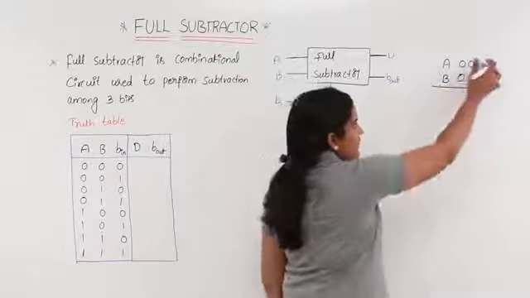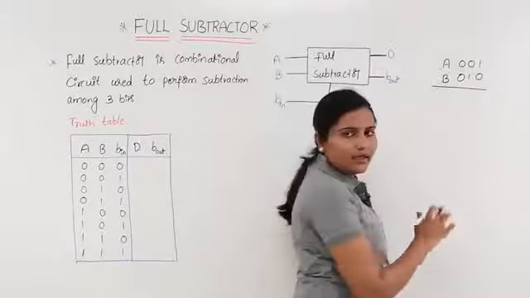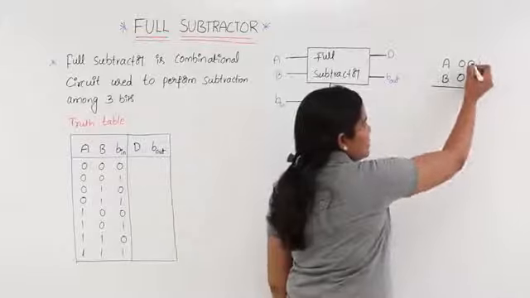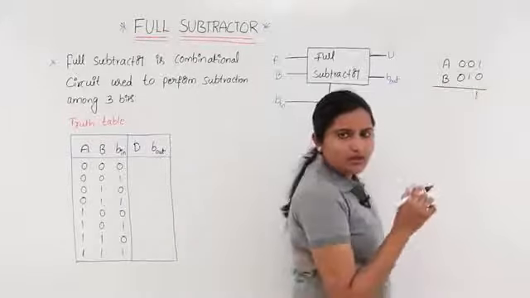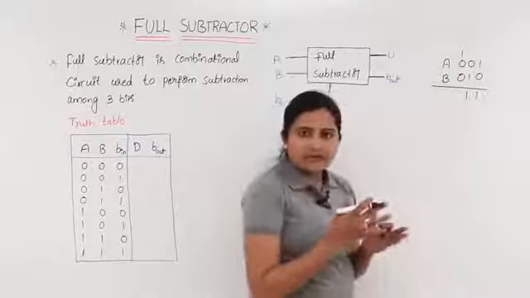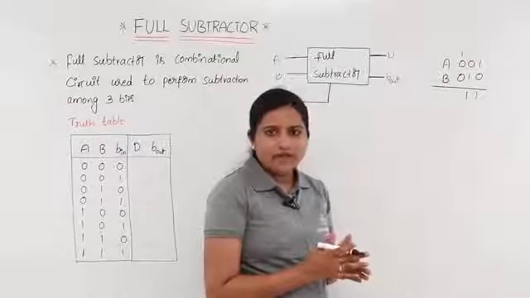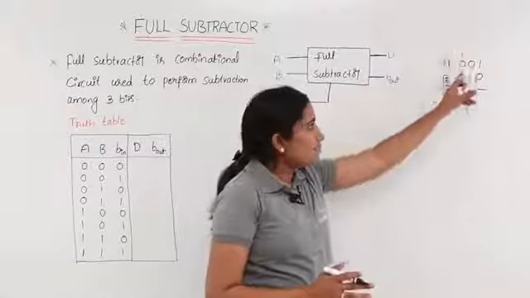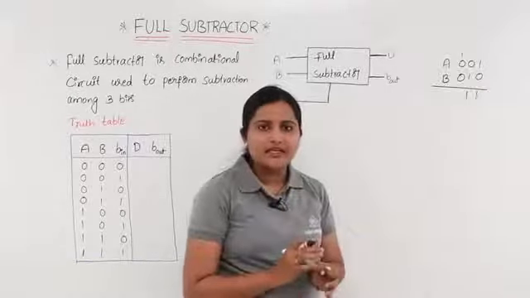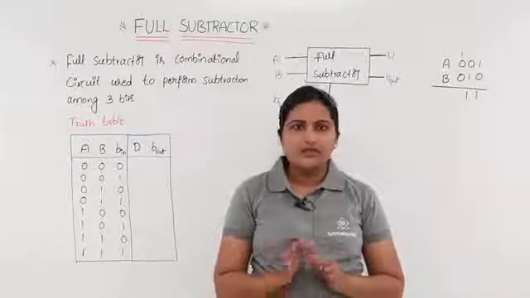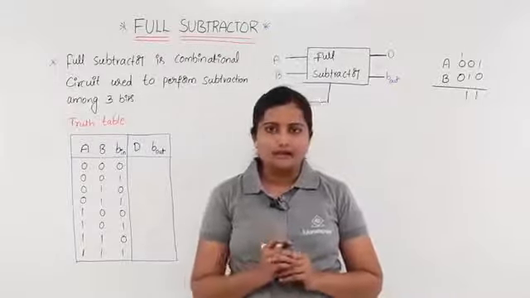After completing 1 minus 0, it can be done by the half subtractor. Then for 0 minus 1, we need to consider 1 with borrow 1. So when the third bit came, it is impossible for the third half subtractor to perform the subtraction among these 3 bits. That is the limitation of the half subtractor. This particular limitation can be overcome by the full subtractor.